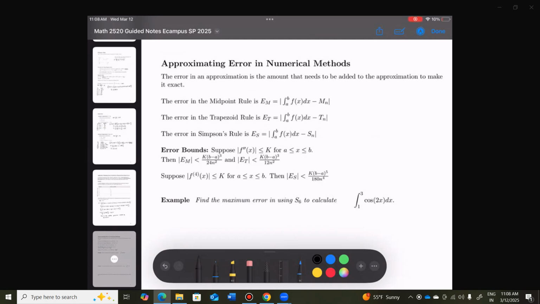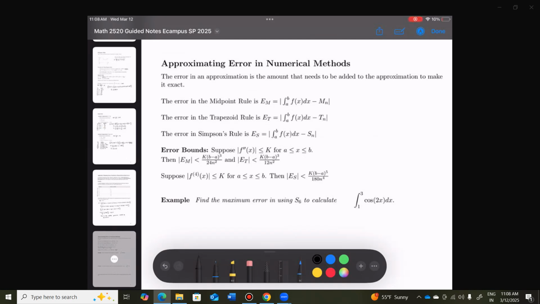And so we look at the error bounds. The second derivative has to be less than or equal to some k value, where x is still between a and b. Then the absolute value of our midpoint error is less than or equal to k(b minus a) cubed over 24n squared.